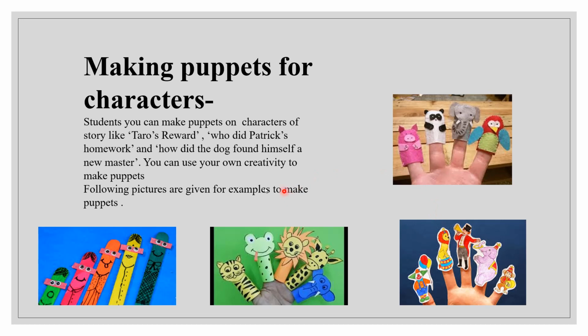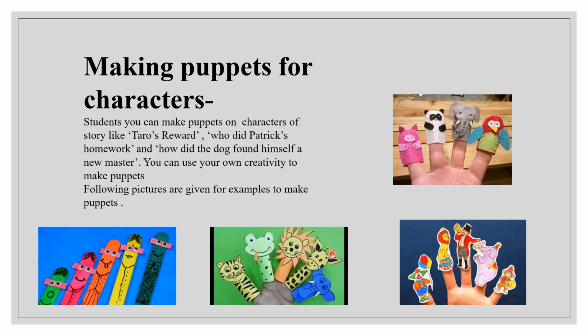It is up to you how you use your creativity. You are going to click pictures and send them to the school email ID given for communication, or you can shoot a video of telling a story with the help of these finger puppets or stick puppets. So this is one activity, making puppets for characters of the lesson.